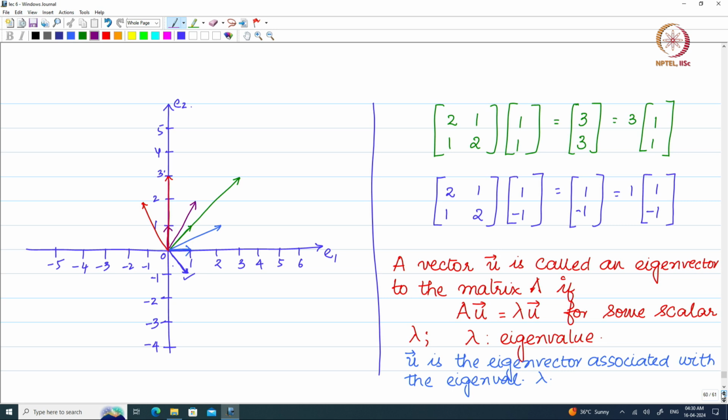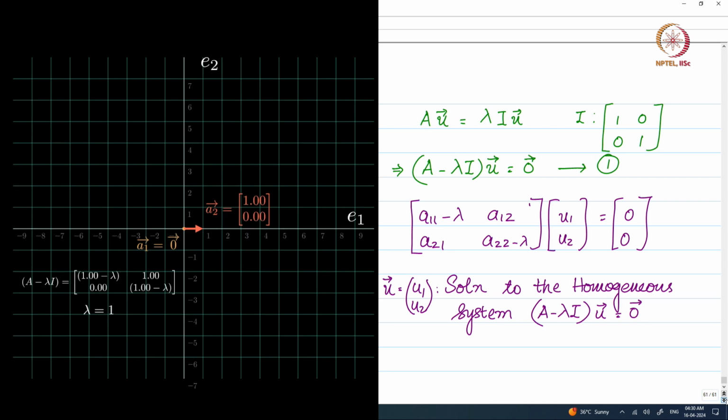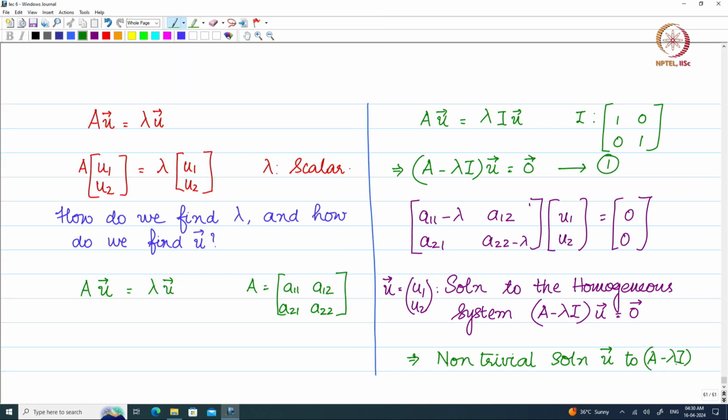Remember, when we defined the eigenvector, we said that u must not be equal to 0. That means the vector that we are looking for, u, must be a non-zero vector. So, we want a non-zero solution, that is, a non-trivial solution u to A minus lambda I times u is equal to 0. This is what we want.